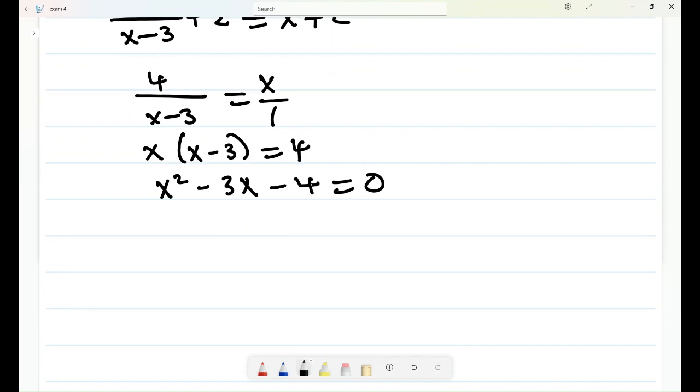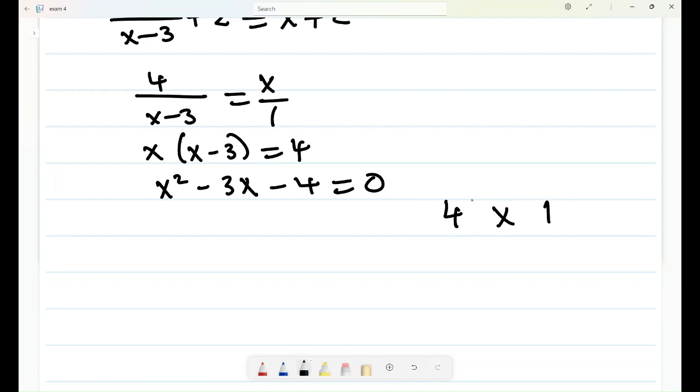If you're not so sure about this one, how do we go about it? We say let's find factors of 4 such that when we subtract them, they give us 3. I repeat, factors of 4 such that when we subtract them, they give us 3. So the first one is 4 times 1. When we multiply this, it gives us 4, right? But we want it such that when we subtract, we get 3. So 4 minus 1 is 3, right?